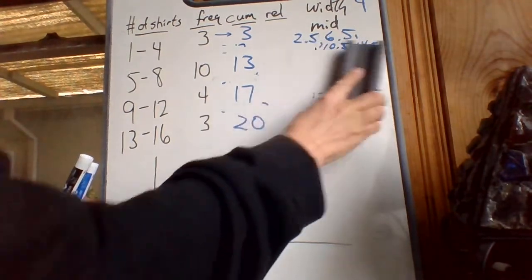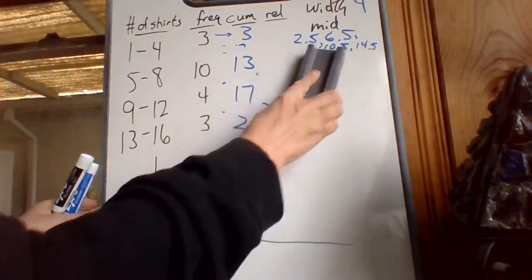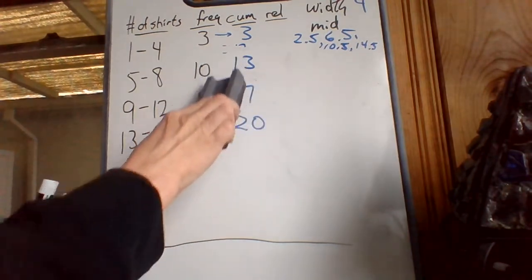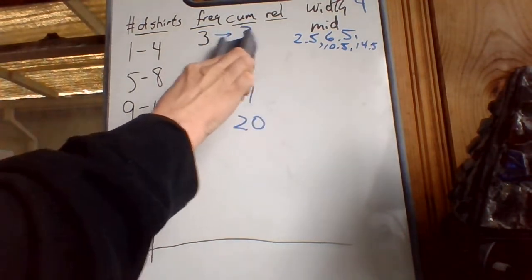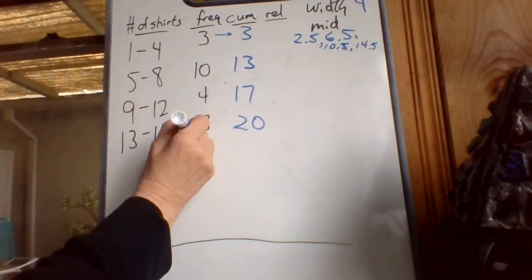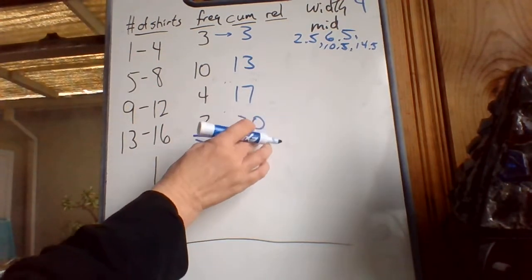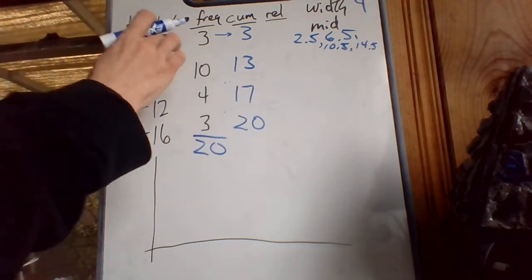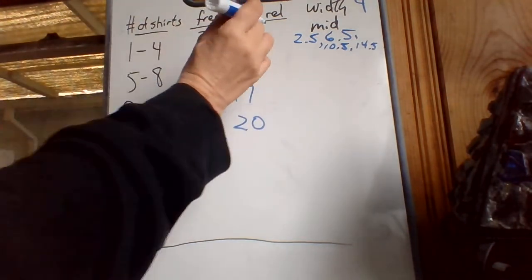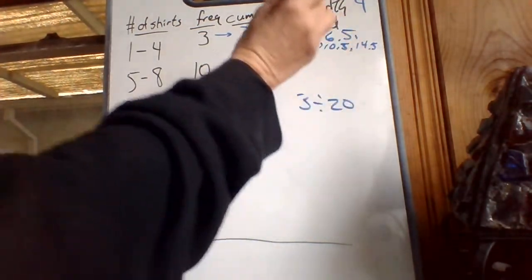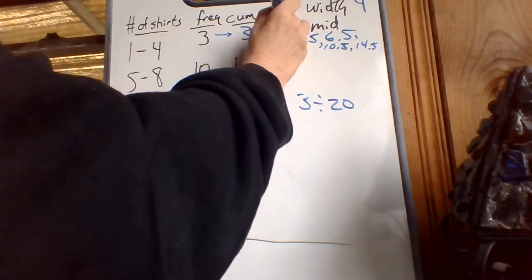Relative is division problems. And then I change my division problems from decimals into percents. And the denominator, that's why it's good to do the cumulative first, the denominator is whatever the total of everything is. And then I just make sure to go back to this column. 3 divided by 20 in my calculator. 0.15, 15%.